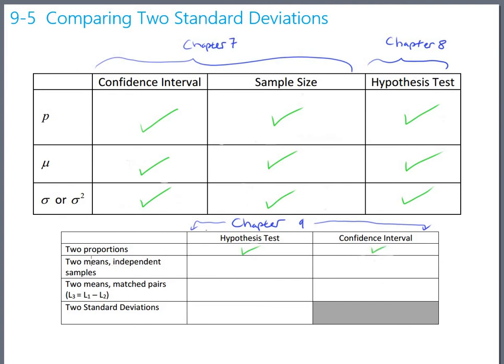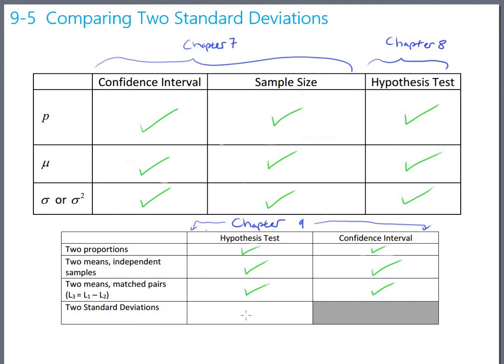And then we looked at comparing 2 means, and we did them when the groups were independent. And we also did them when you had matched pairs, and you looked at sort of the differences, not the individual lists. So you looked at list 1 minus list 2, sort of make that third list.